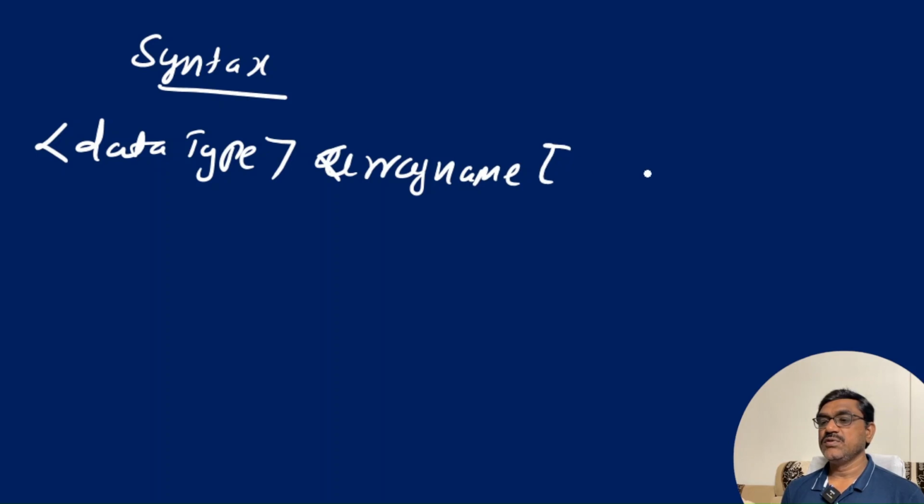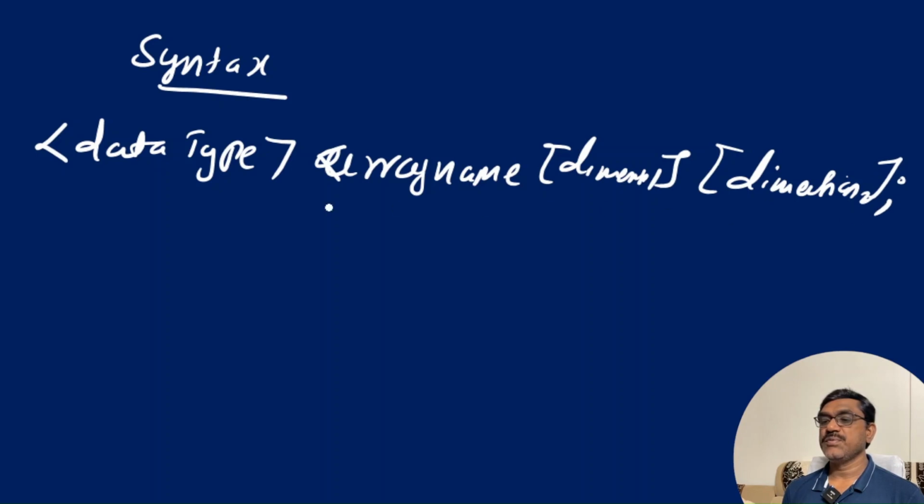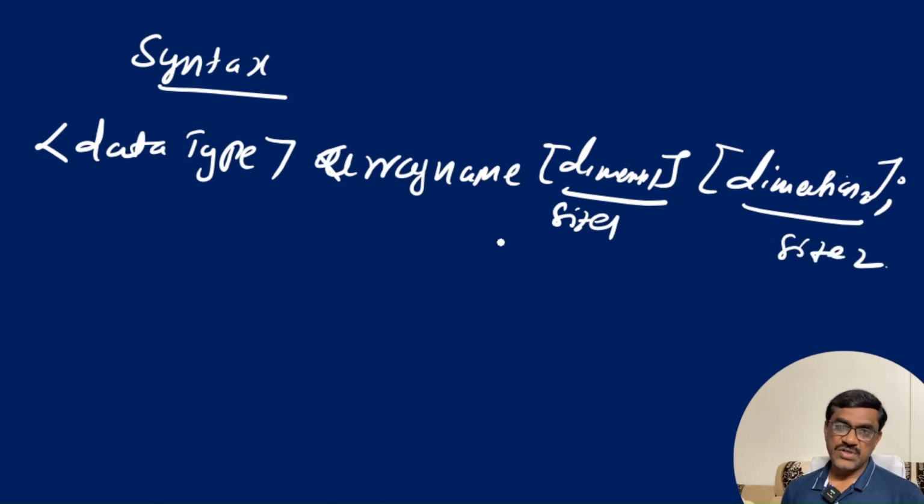After this, you mention dimension 1, then dimension 2, and you keep a semicolon. Dimension 1, dimension 2, or we can say size 1 and size 2. We are mentioning two dimensions, so that's why it is called a two-dimensional array.